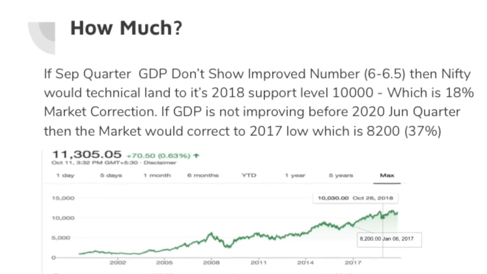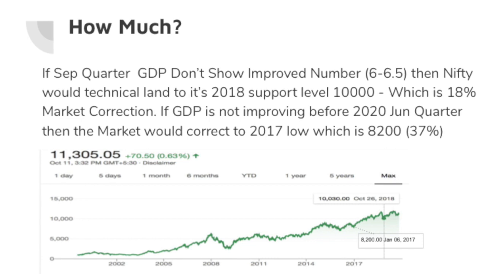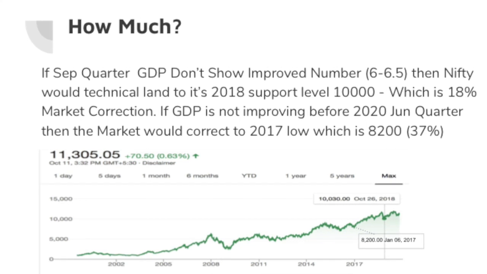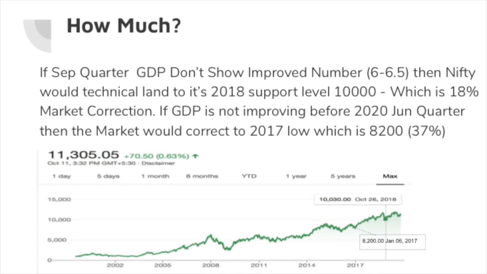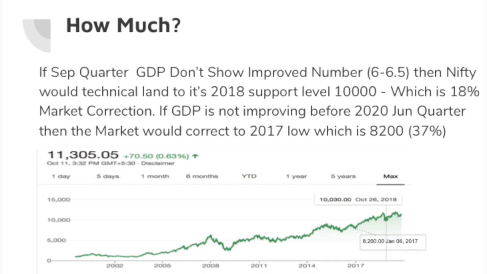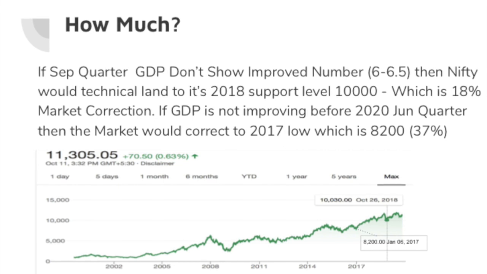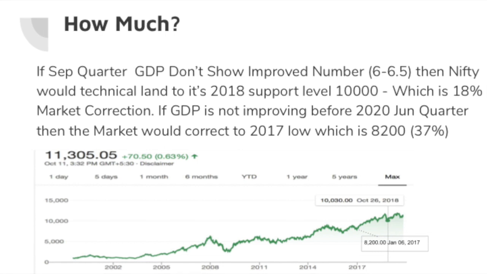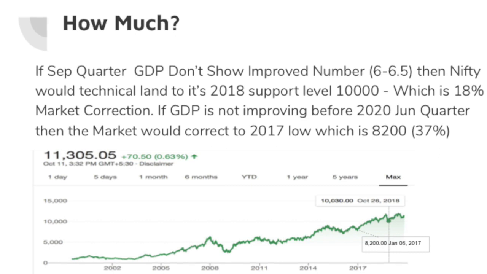If our GDP doesn't improve before the 2020 June quarter, then we would correct to the 2017 low, which is 8,200 points, 37 percent lower than our all-time high. So we need to look into these important levels and closely monitor our GDP numbers going forward, that is the September, December, March and June quarters of 2020.